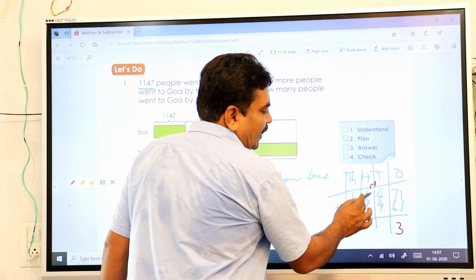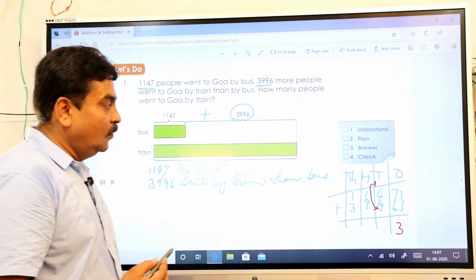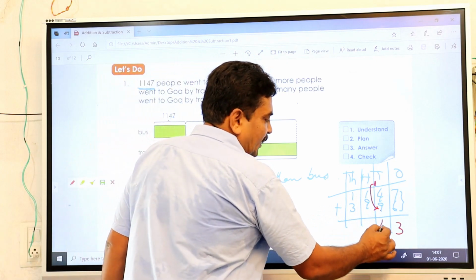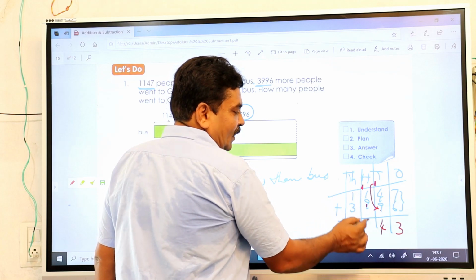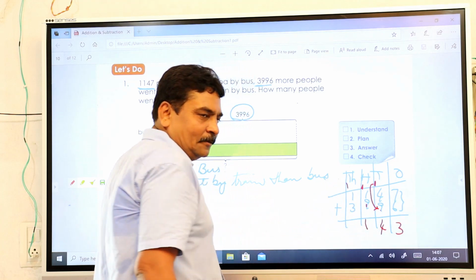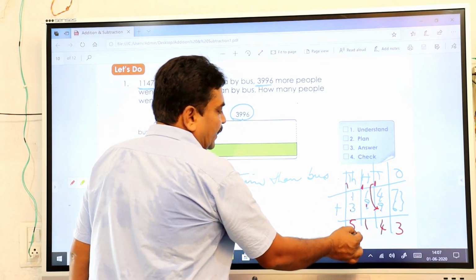Now if you add these two, 1 plus 9 is 10, 10 plus 4 is 14. You keep 4 here and 1 here. So 1 plus 9 is 10, 10 plus 1 is 11. Carry 1 here. 3 plus 1 is 4, 4 plus 1 is 5.